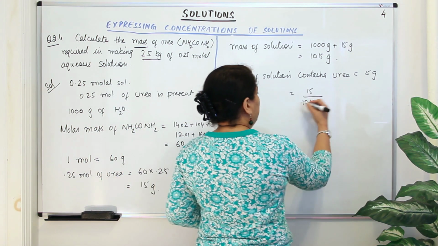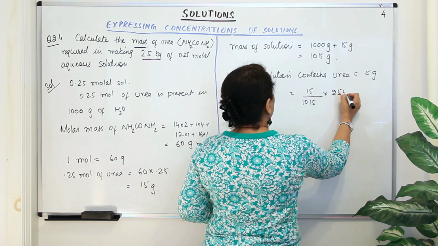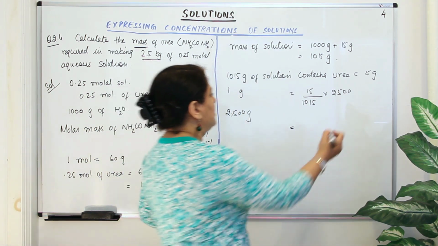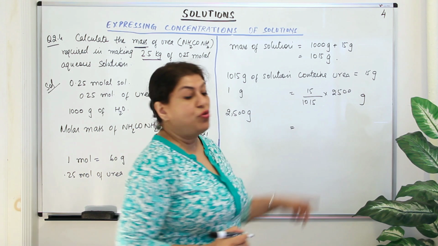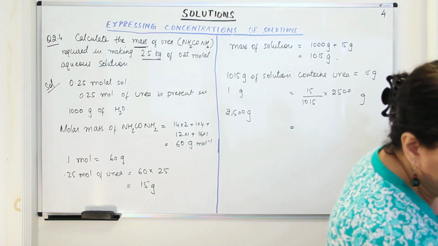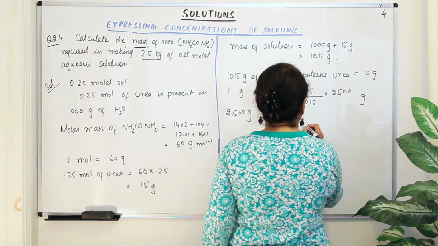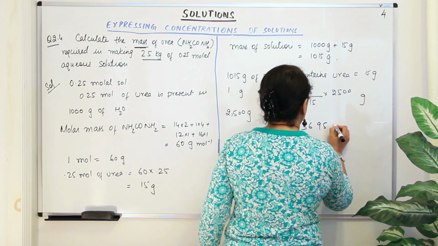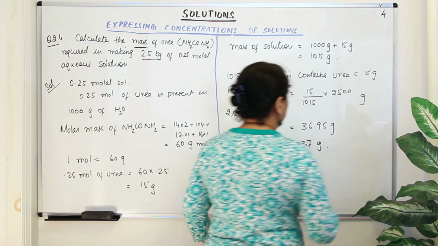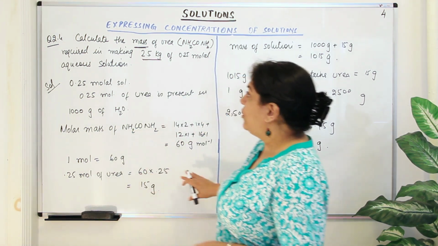So we would have 15 upon 1015 into 2500. When you solve this, you'll get how many grams of urea is present in 2.5 kg of the solution. The answer you'll get would be 36.95 grams, which is approximately equal to 37 grams. Right? So this is how you solve question 2.4.